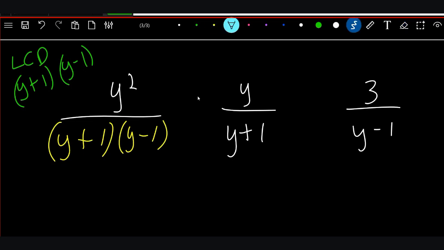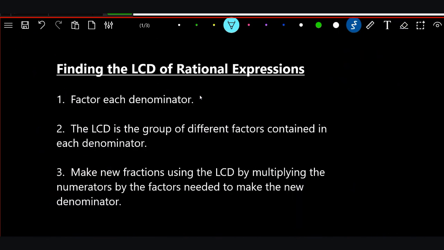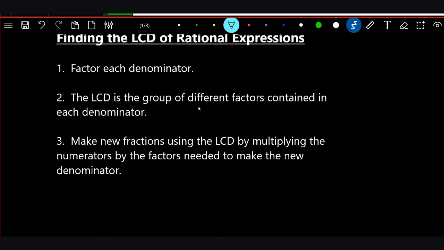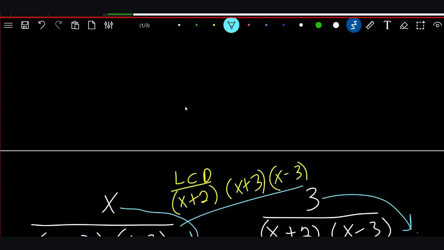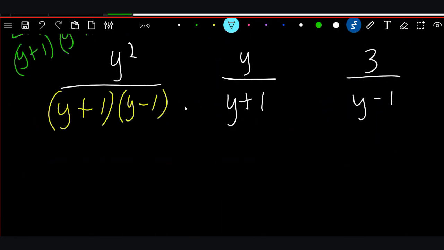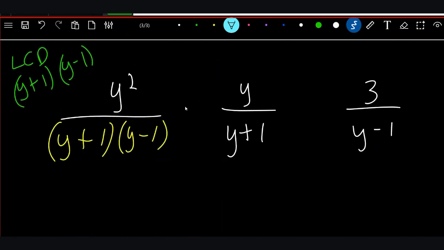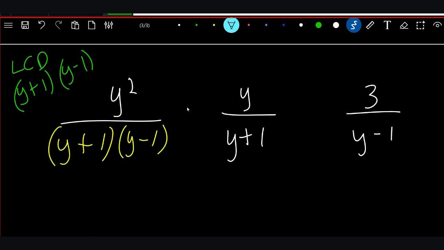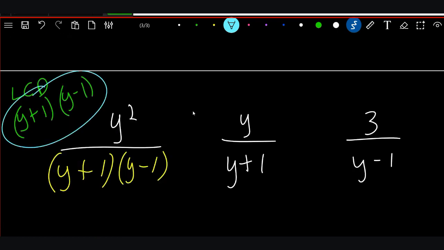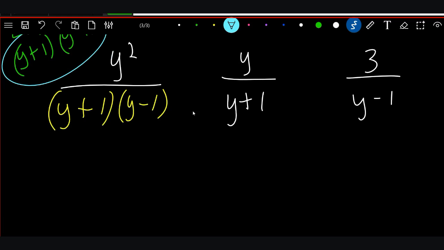Okay, now the question here is, well, let's go back up here. Step number 3. Make new fractions using the LCD by multiplying the numerators by the factors needed to make the new denominator. All right, so we're making new fractions with our LCD. This is our LCD, so this is going to be our new fraction.